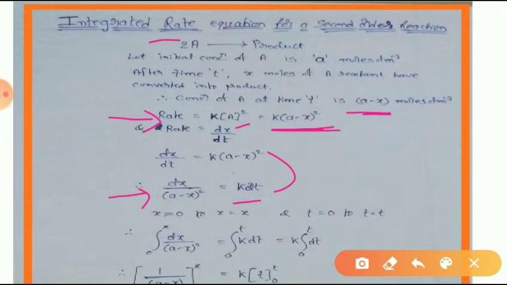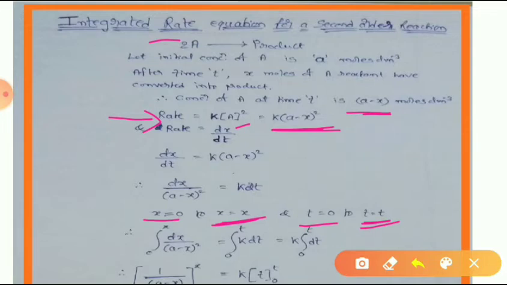At the start of the reaction the value of x will be 0 and obviously time will be 0. But after some time t, the value of x will be x. So for the variable x the limit will be 0 to x, and for time, 0 to t.